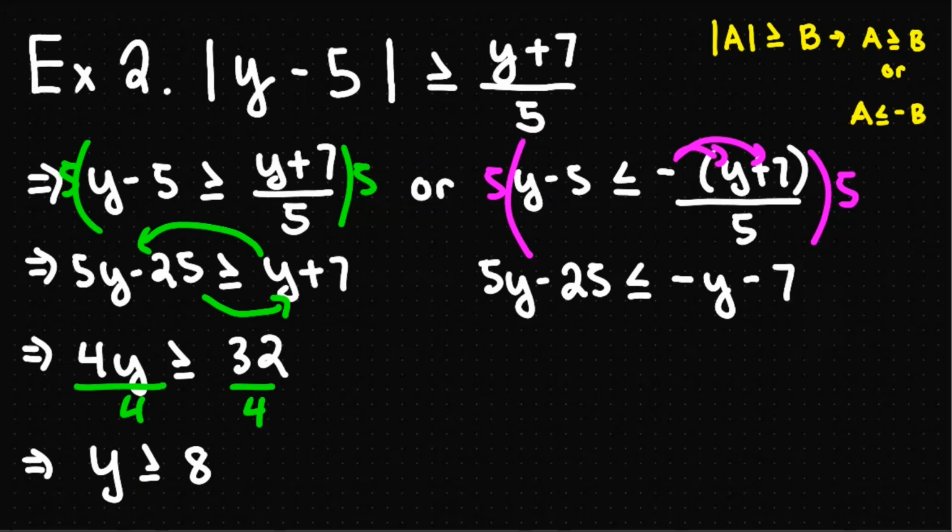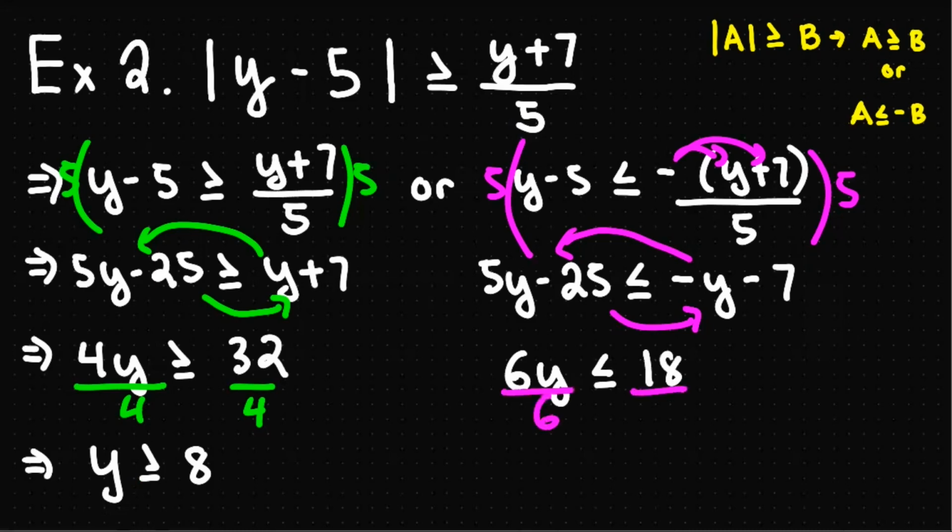Then we move negative y to the left and negative 25 to the right to obtain 6y is less than or equal to 25 minus 7, that would be 18. Divide both sides by 6 and we get y is less than or equal to 3.